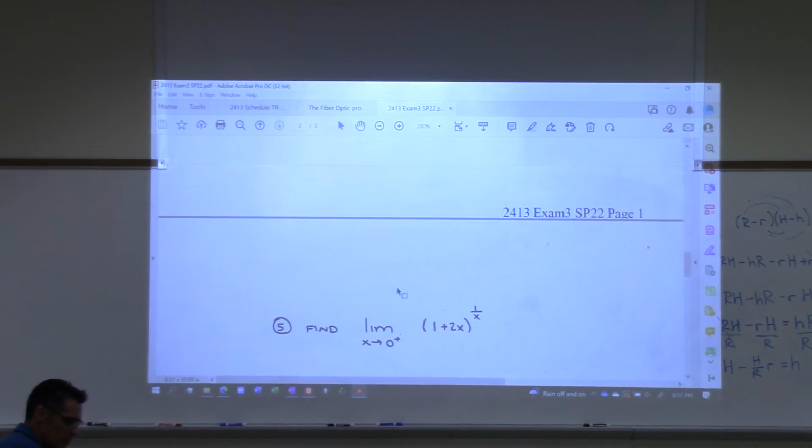Derivatives of inverse trig functions? No. Logarithmic differentiation takes place in 3.3. So what are you asking me? The one before L'Hopital, I think question 3. This is 3.3 as well. Oh, it is? But yeah, logarithmic differentiation takes place in 3.3. Yeah, it's in 3.3.